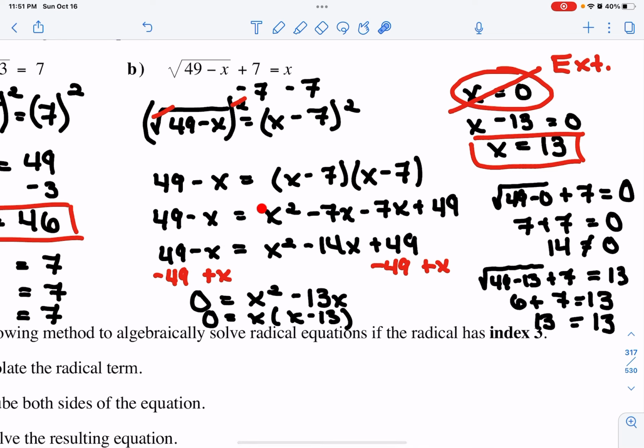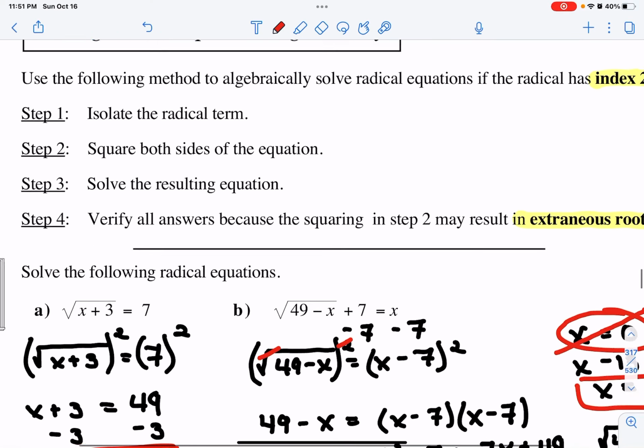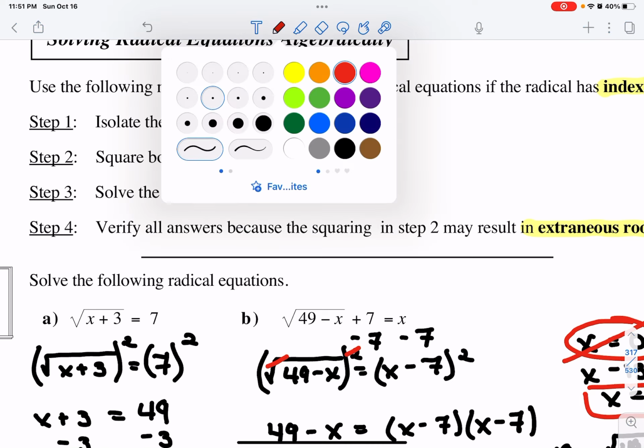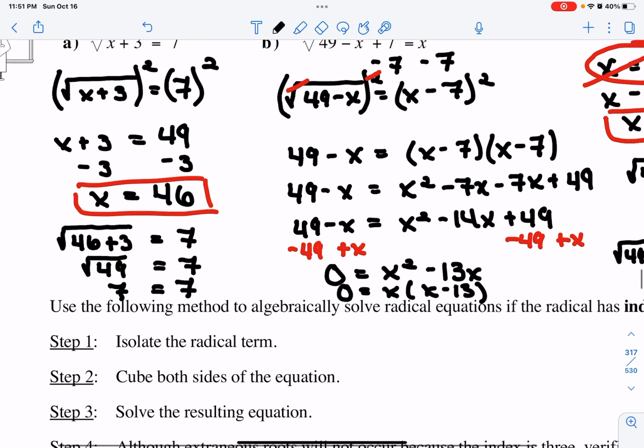And we want to keep our x squared positive, so we isolate everything on one side like we did in quadratic equations. We solve it by factoring like we did in quadratic equations, and then we have to make sure we verify. So it's a 4-step solution as written above, and we just want to accurately follow isolating, squaring, solving, and verifying, because that will be how we do it for all of the problems.